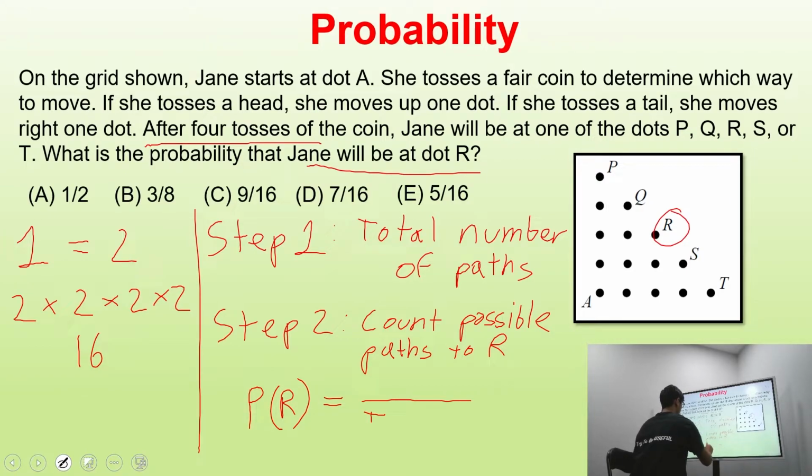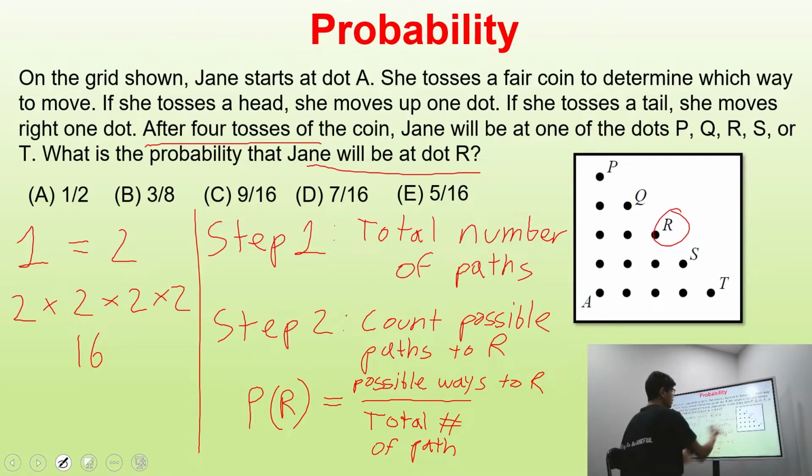So here's the total number of paths, which is the dividing part, and the top would be the number of possible ways to get to R. Now let's just count this. I'm going to use a different color here.